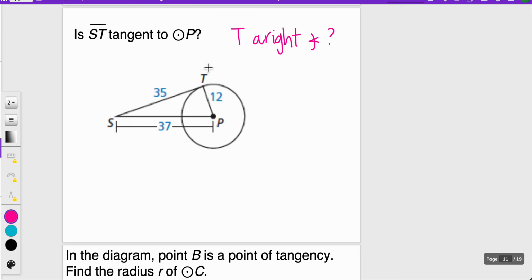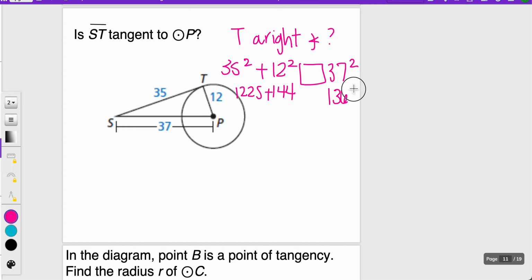So what we can do is maybe use the Pythagorean theorem and state, is 35 squared plus 12 squared equal to 37 squared? So 35 squared is 1,225, 12 squared is 144, and 37 squared is 1,369.